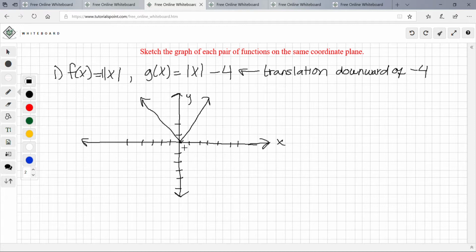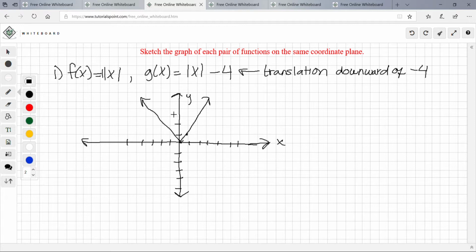So you start at the origin, and then you could go up 1, right 1 and put a point there, up 1, right 1 there, up 1, right 1 there, etc. And the same with the left: up 1, left 1, up 1, left 1, if you wanted to make it look more precise. But I'm just giving you a rough estimate.